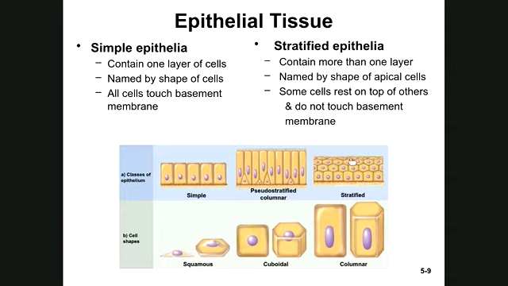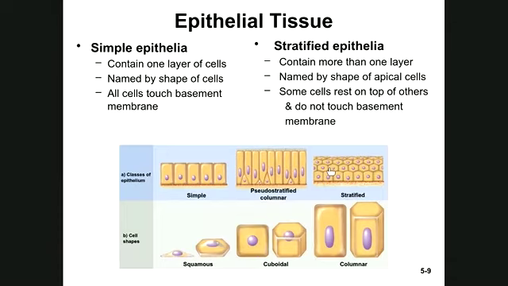As you see here, some layers can reach the basement membrane like this one, and some layers don't have any connection with the basement membrane. So up to here, we can classify our epithelium as simple, which is only one layer, and stratified, which is more than one layer.